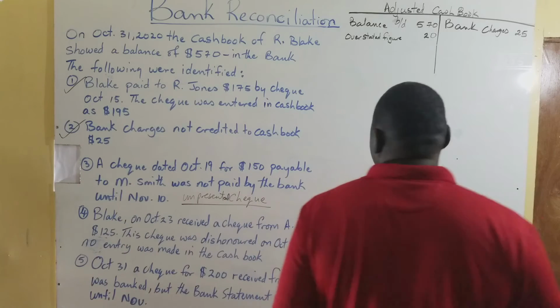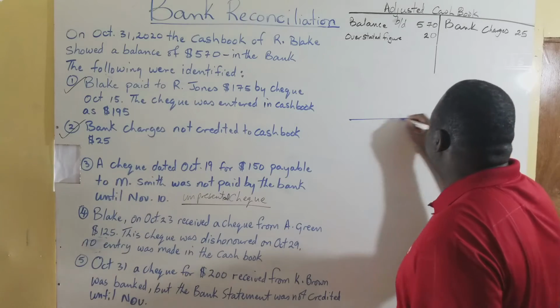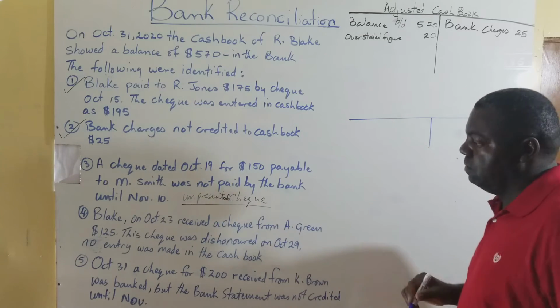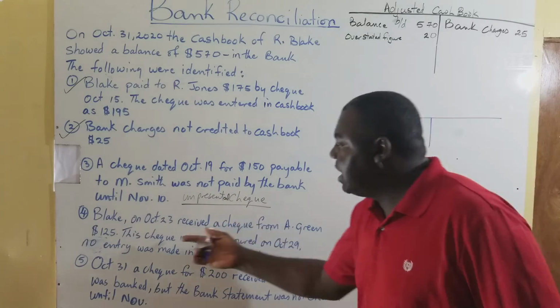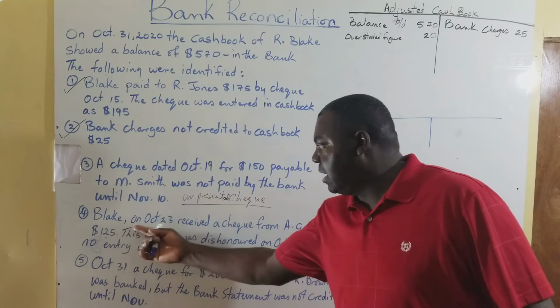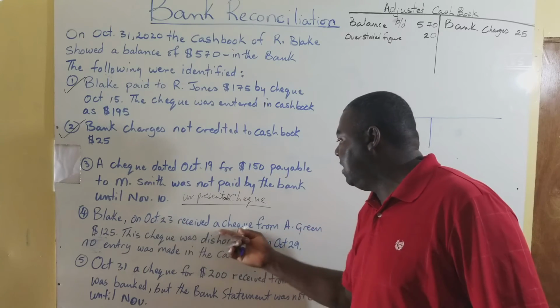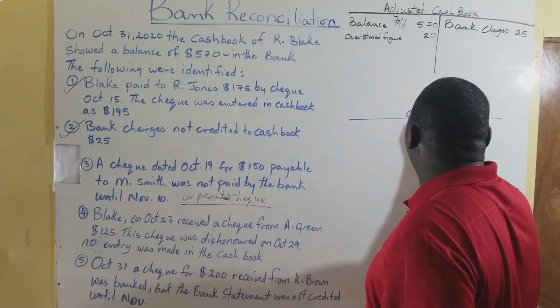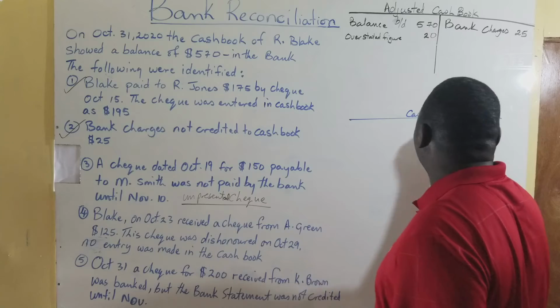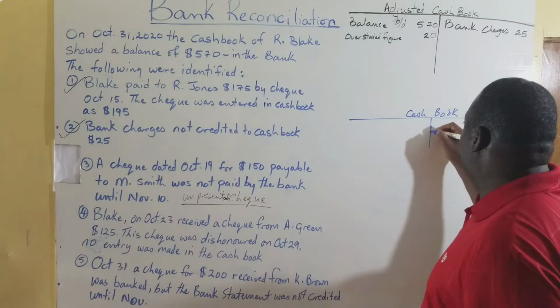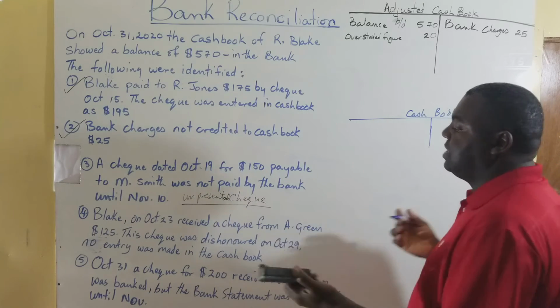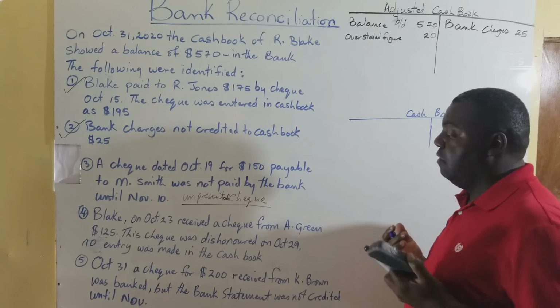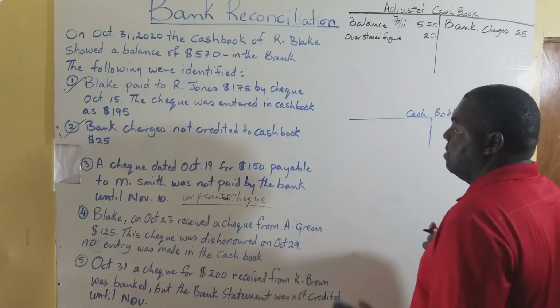Again, I'm going to see if I can explain this situation for you. In the original situation, it says here that Blake on October 23rd received a check from Green. Now, this is our original cash book. And what would have happened is that Blake is receiving the check from Green.